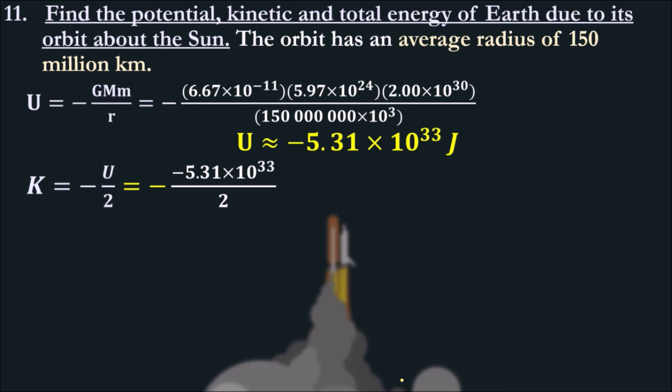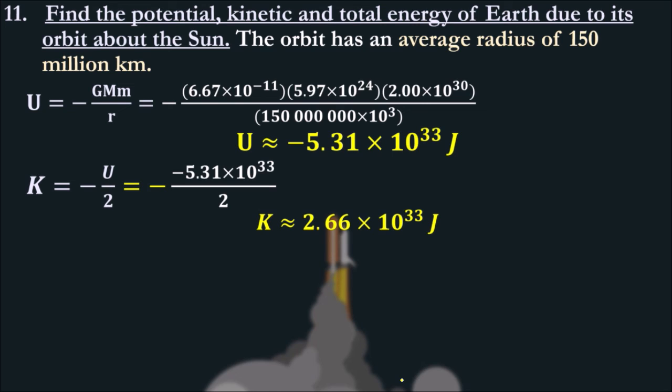Next, we know that kinetic energy is half the amount of gravitational potential, and it's in the opposite sign. You could use the formula for kinetic energy as well to calculate this, but if we remember this, let's just do this. And so that's the value of kinetic energy: 2.66 times 10 to the power of 33.